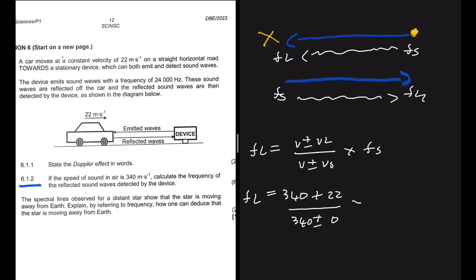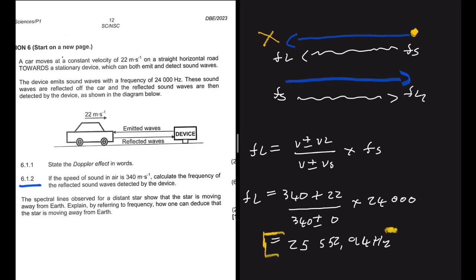Then we multiply that by the frequency emitted by our device, which is 24,000. Let me compute that real quick. I have 340 plus 22, divided by 340, multiplied by 24,000, and I'm getting 25,552.94 Hertz.